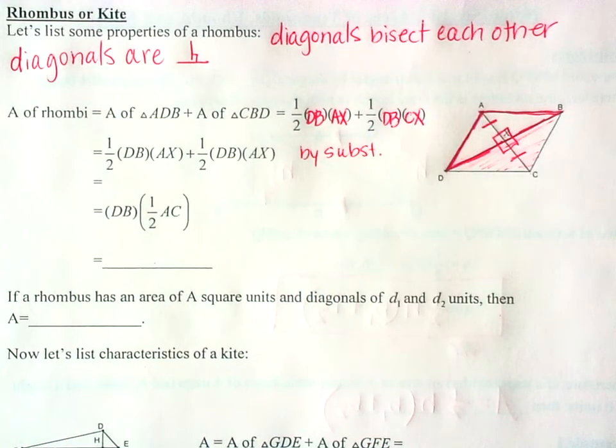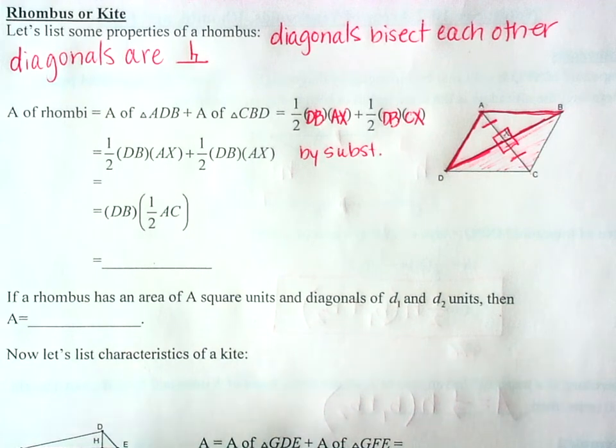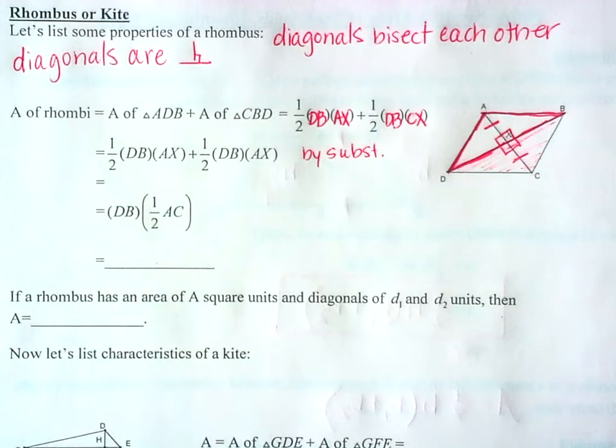All right, and then again, I notice that I have, well, let's see, how do I want to do this? Okay, so if I have 1/2 DB AX plus 1/2 DB AX, if I add those together, I just get one whole DB AX. So a half plus a half equals a whole.